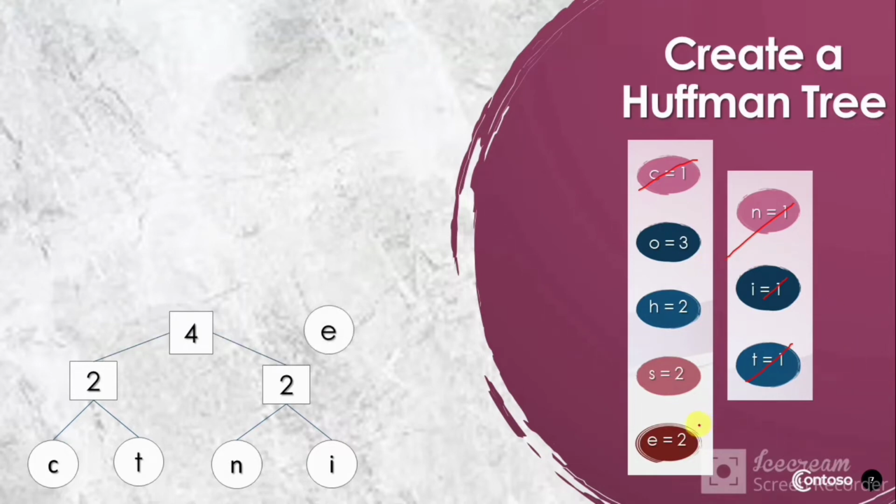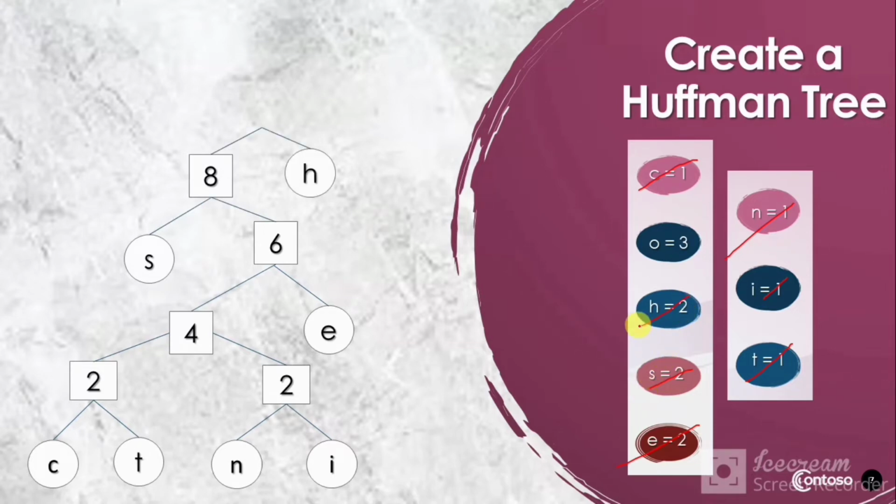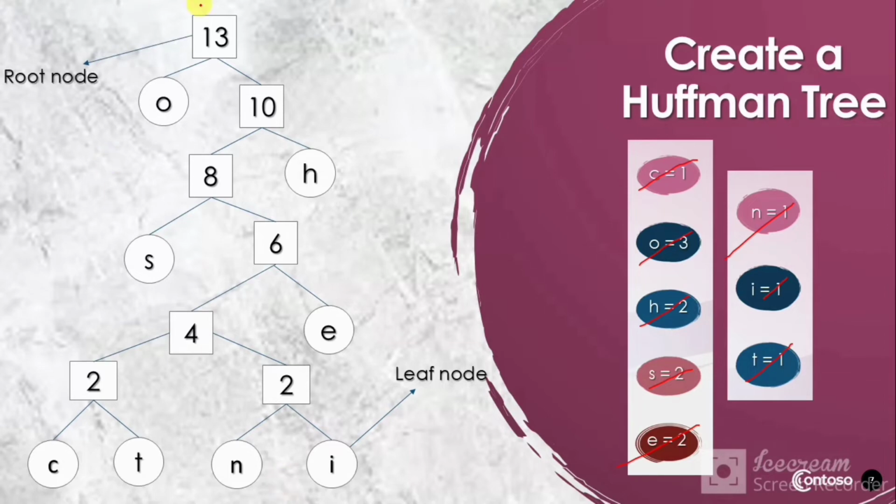Then we will take up another minimum, that is E, add again, and it becomes 6. Then we take S, or I will be using H, which has a frequency of 2, and at last I'll be using O. Here is the resultant Huffman tree, in which the last ones are the leaf nodes and the starting one is the root node.